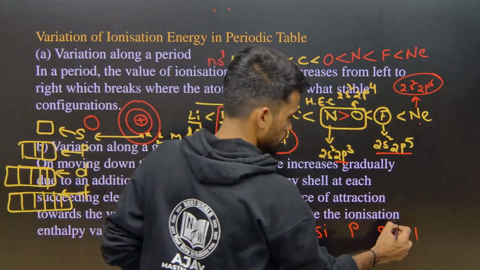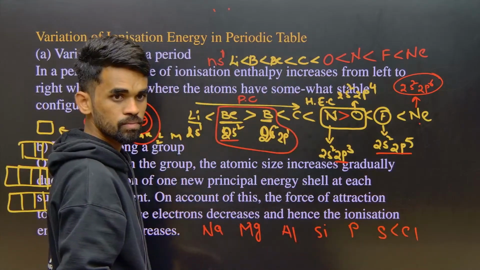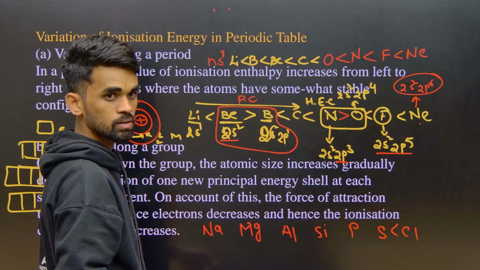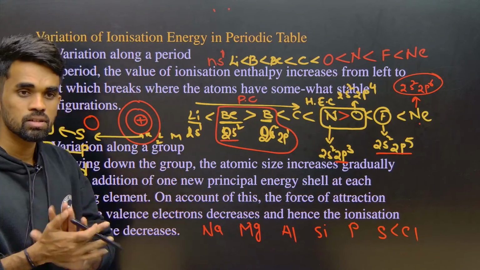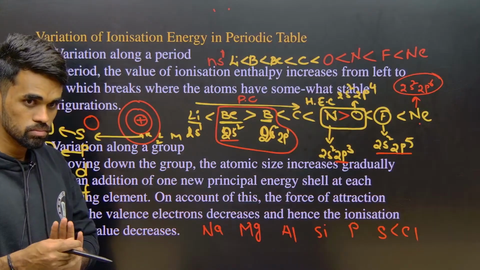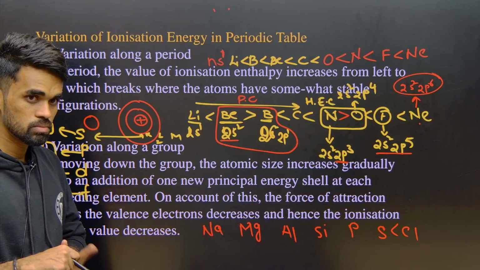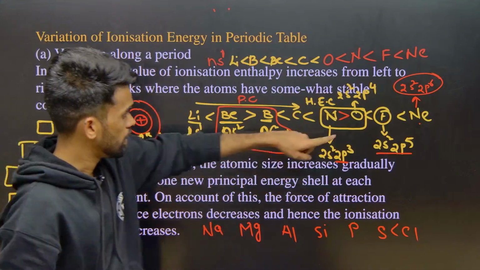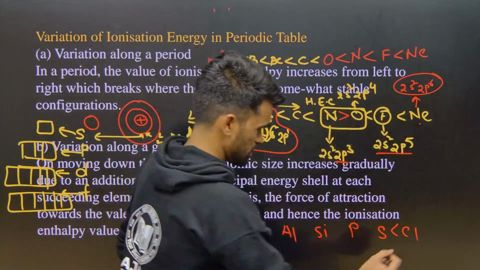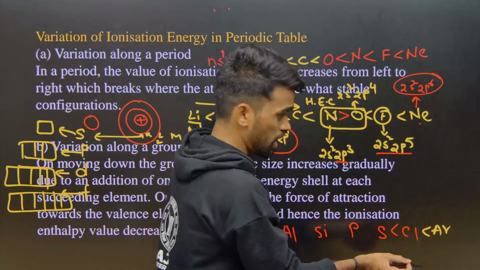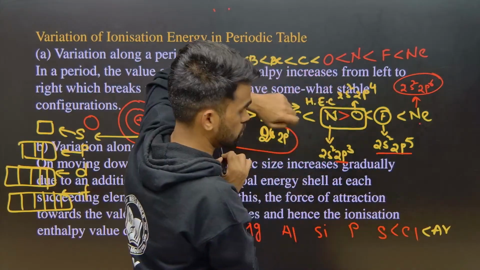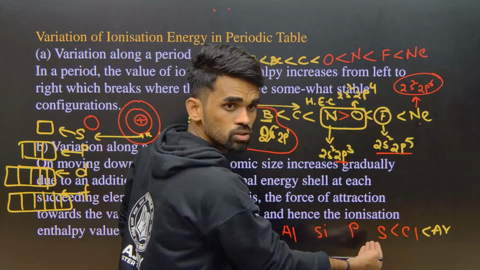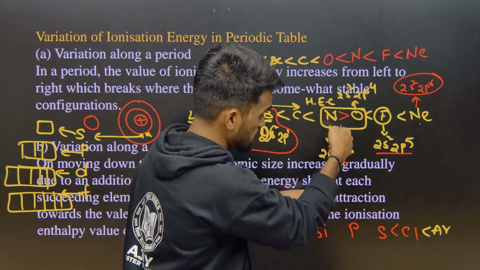After this, just look at their electronic configuration, that's fine. See here what I made: if I write argon, that will be greater. After that chlorine, after that oxygen or nitrogen, here also nitrogen, phosphorus.